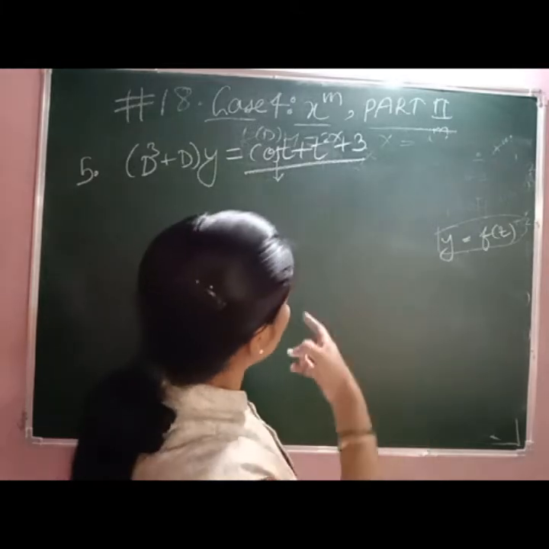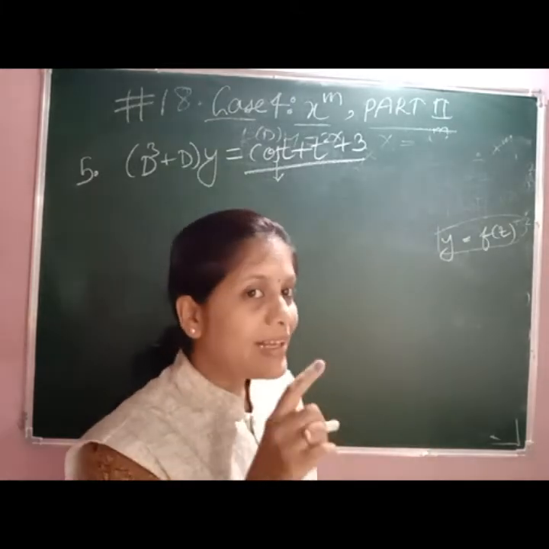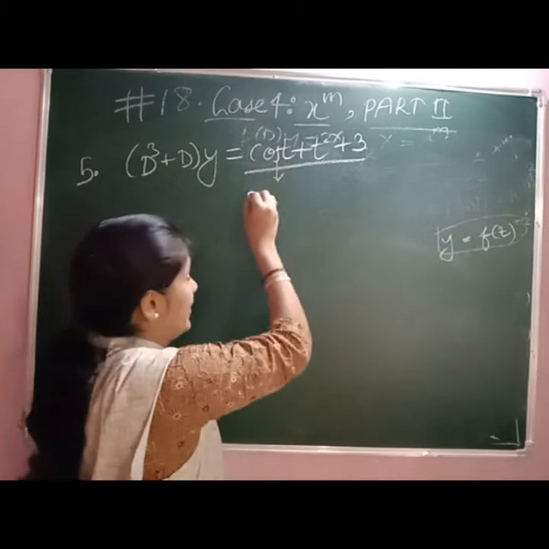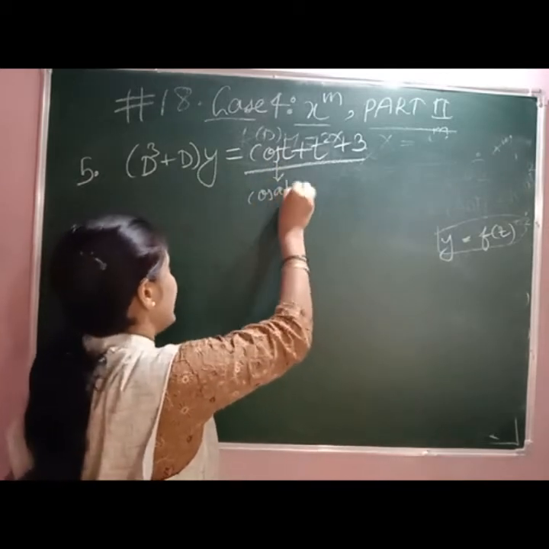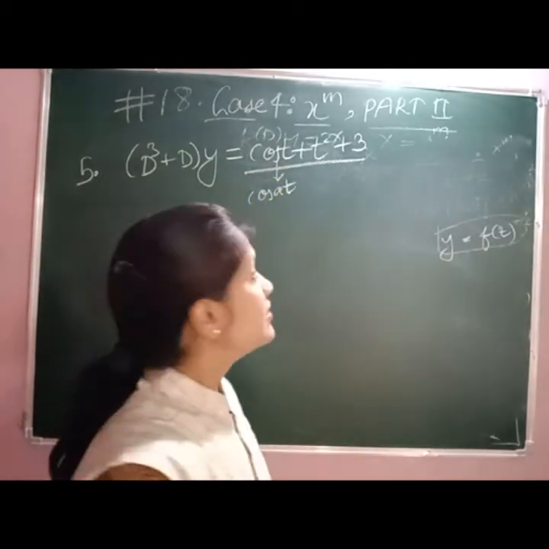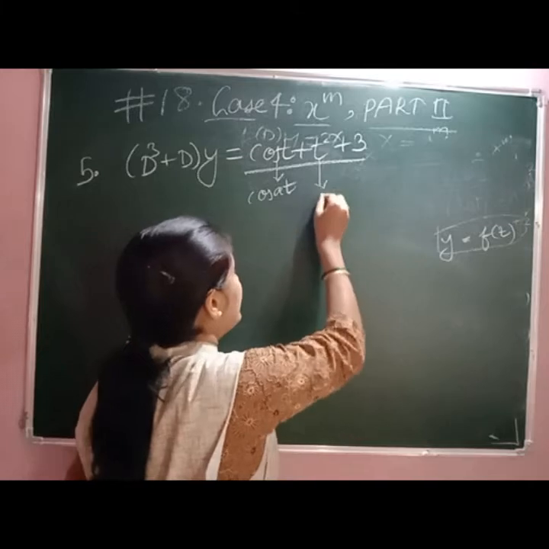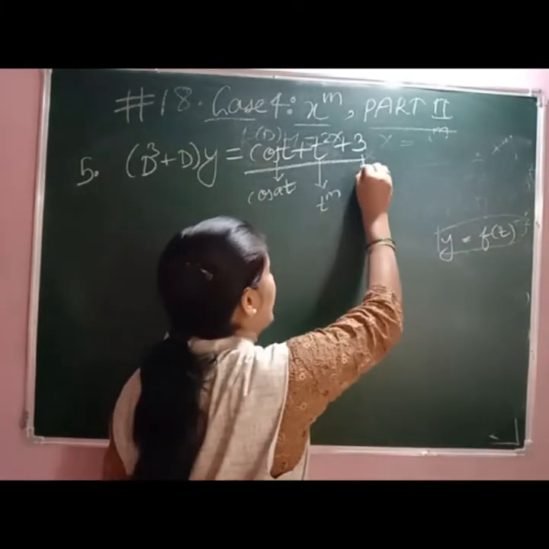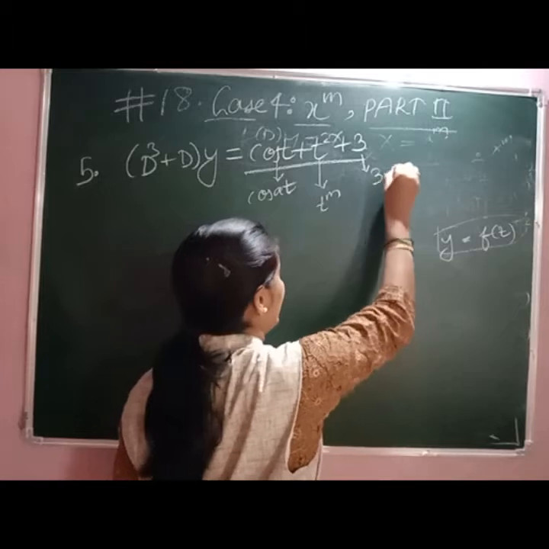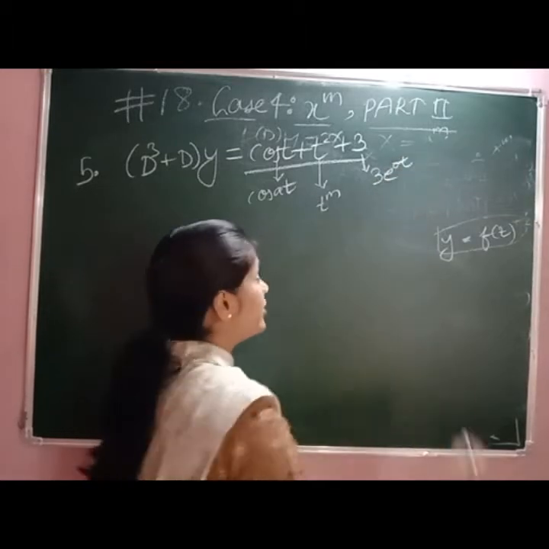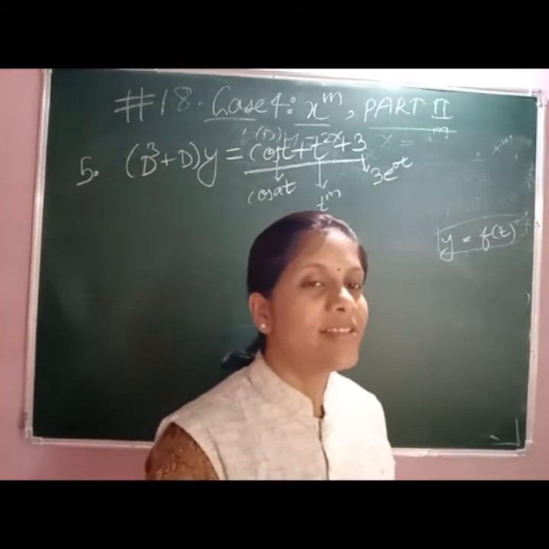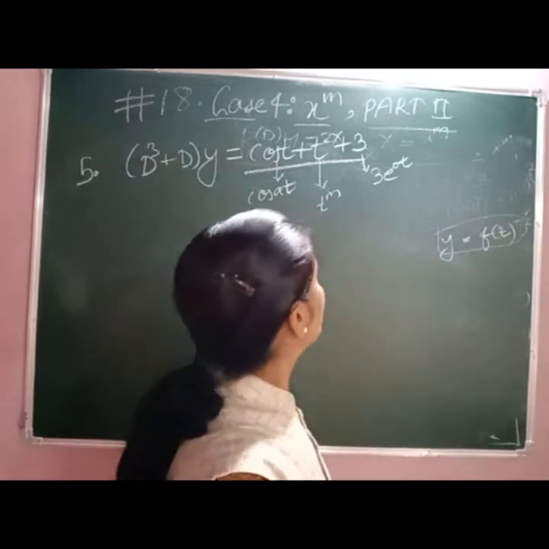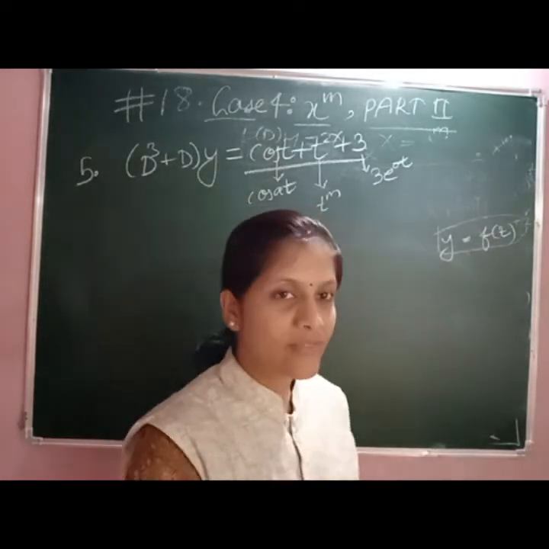Now, as soon as we see this, capital X is a combination of: first, cos ax or cos at; second, t power m or x power m; third, 3 e raised to 0t. 3 can also be written as 3 e raised to 0t. So this is our given question.